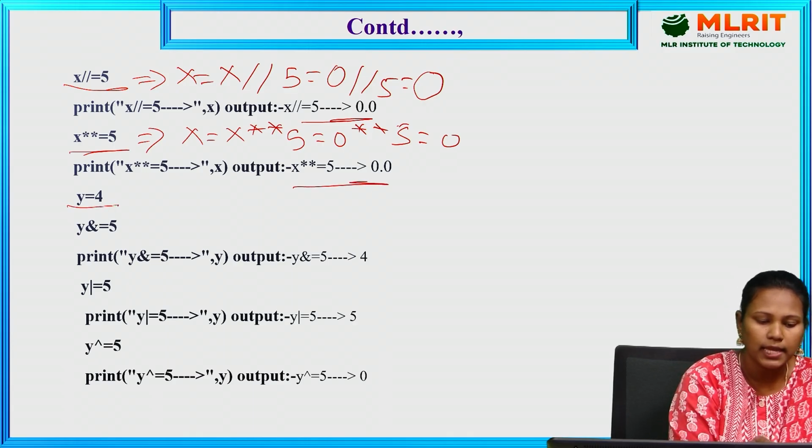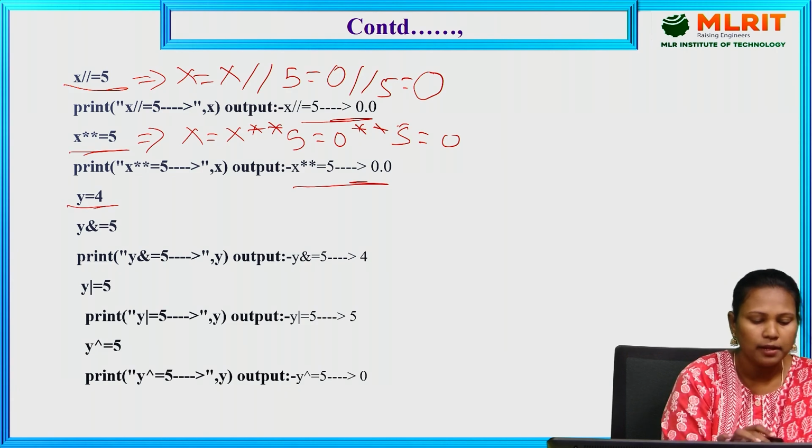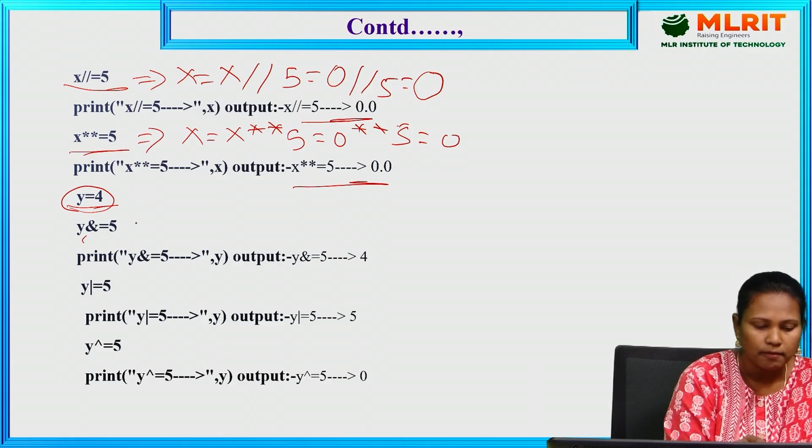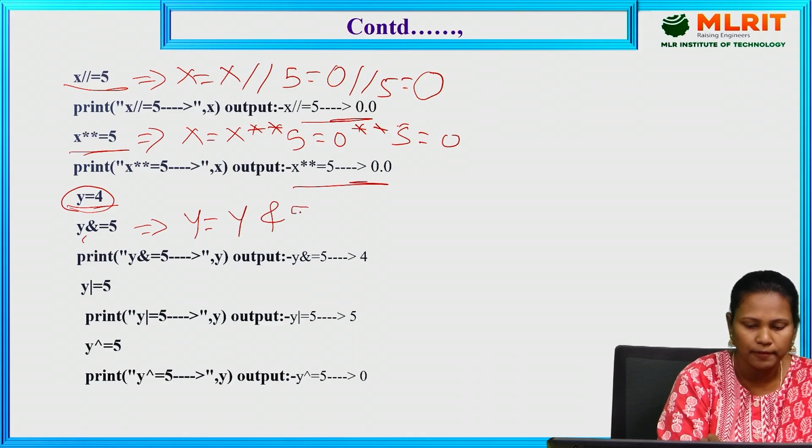Now we are taking the y value, y is equal to 4. Now we perform bitwise AND, bitwise OR, and bitwise XOR. So here for bitwise AND, y is equal to 4. Now we are doing y and equal to 5, which means y is equal to y and 5.